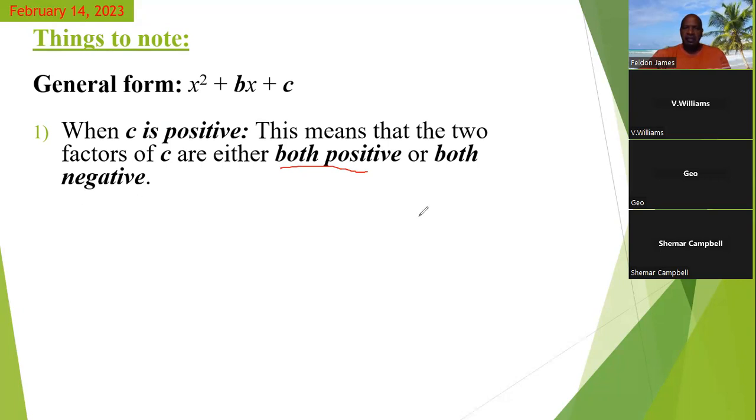That means both of them are either going to be positive or both going to be negative. Raise your hand if you understand clearly what I'm saying.